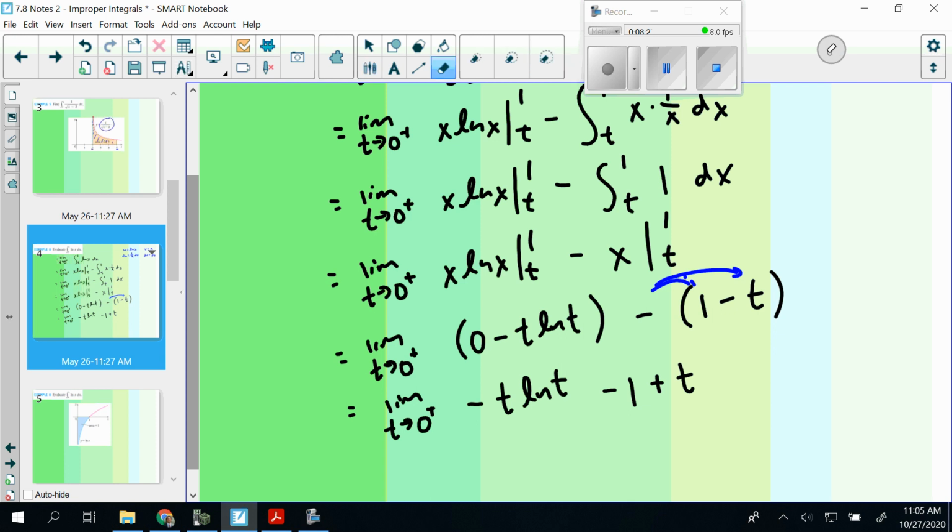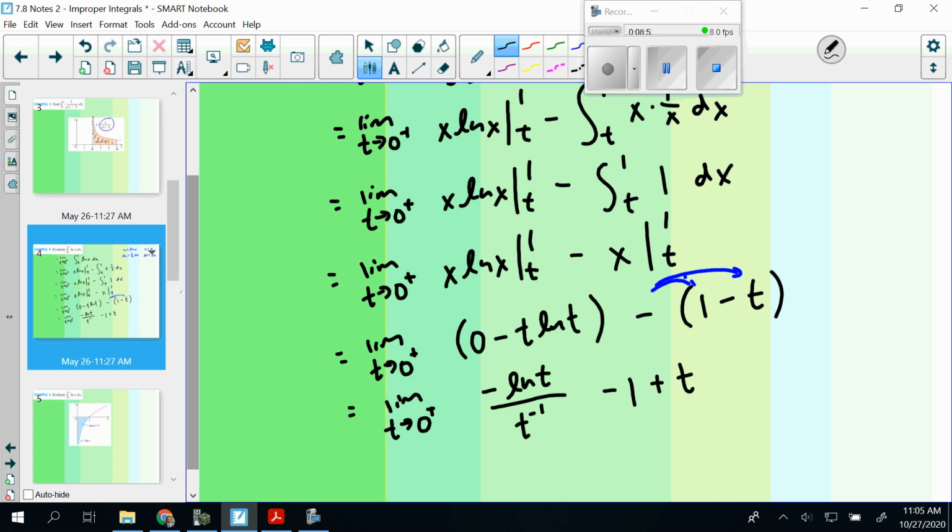This is L'Hopital. So we need to change this to a form where we can apply L'Hopital's, which you want to always have fractional form to apply. Natural log is not easy to move to the denominator, but that t we could. So let's think of this one as natural log t over, if we move the t to the bottom, t to the -1 or 1 over t.